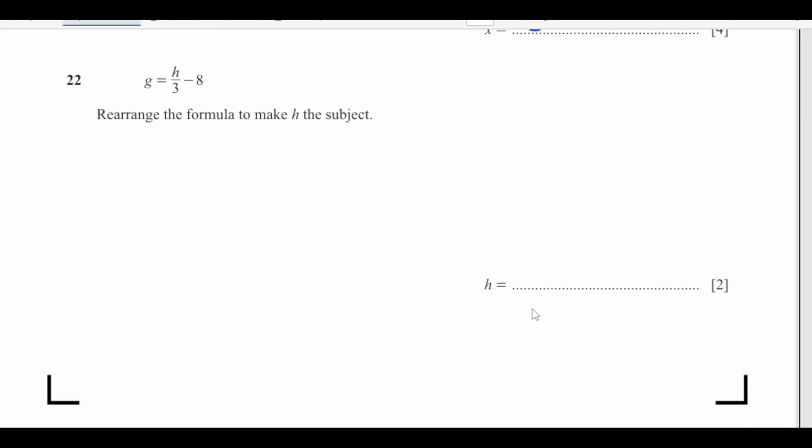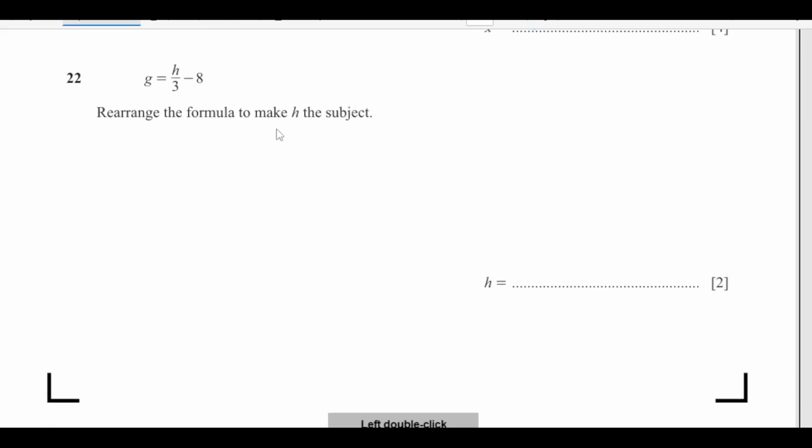Now, number 22. Rearrange the formula to make h the subject. Meaning, we need to shift everything to the other side apart from h. I am just rewriting the left hand side on the other side so that it is easier. h over 3 will be g plus 8.